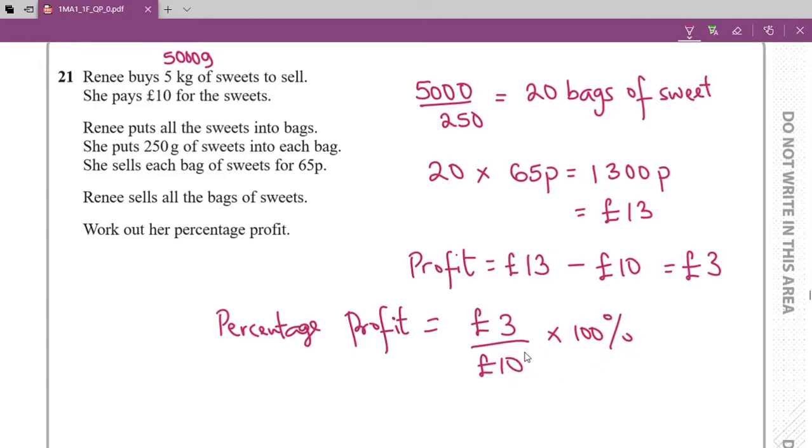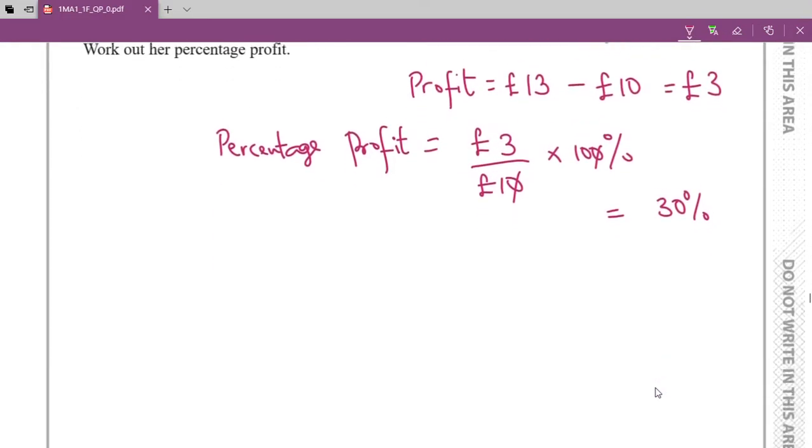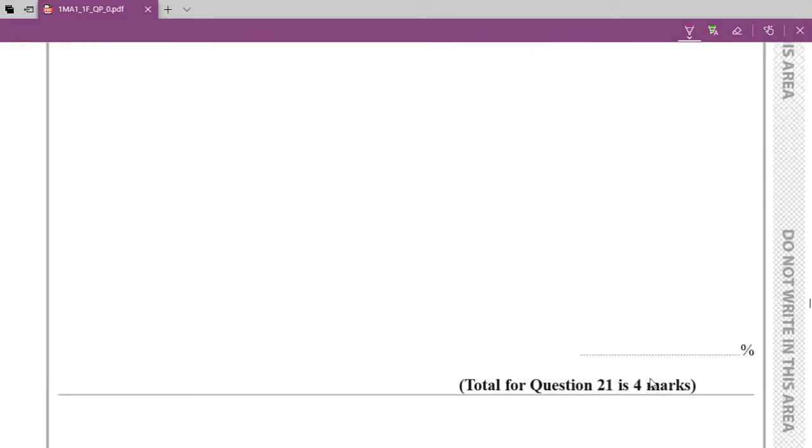If you do this calculation, a zero cancels out a zero here, leaving 10 and 3, so 10 multiplied by 10, 10 multiplied by 3, that's going to give us 30%. This is the percentage profit. So I come down here and write down my answer: 30%.